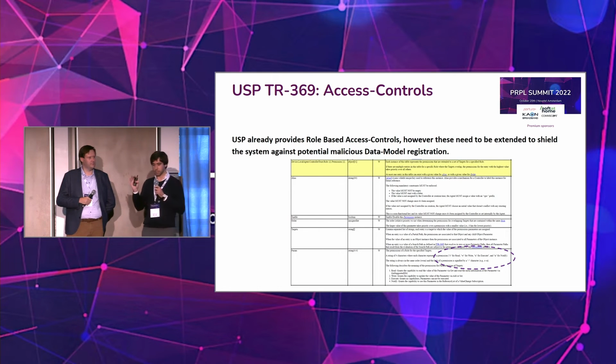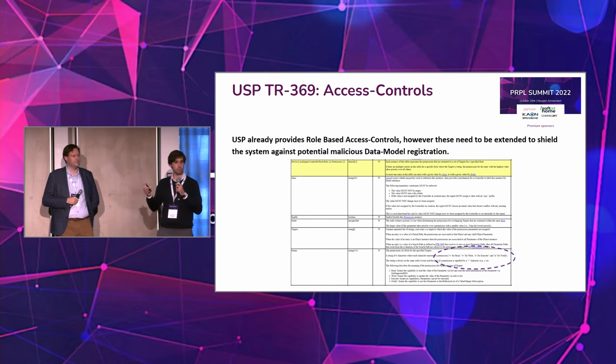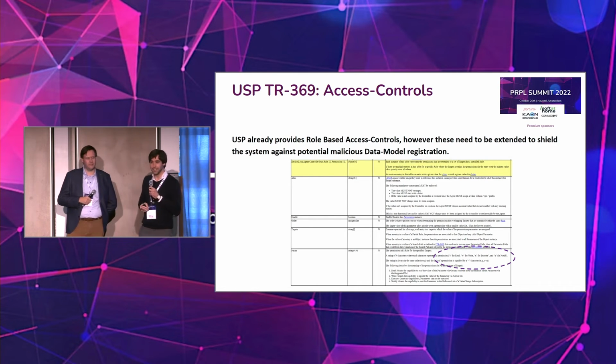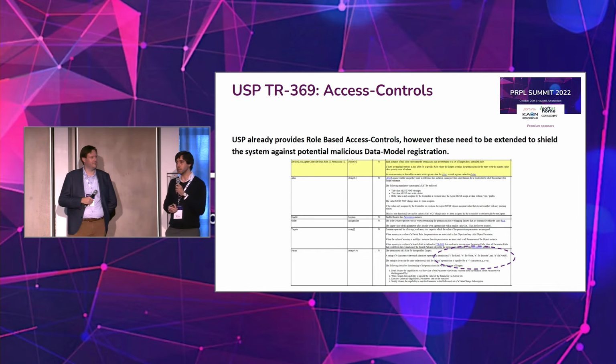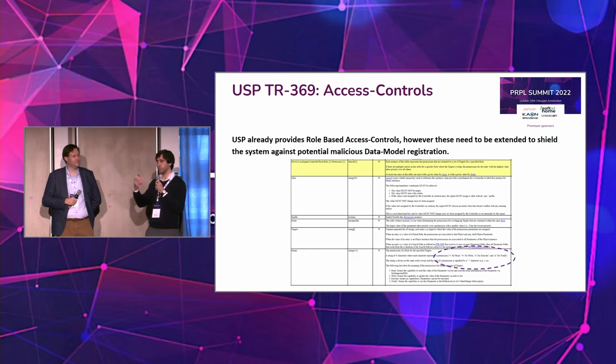On the security side of things, one of the reasons why USP was an interesting framework is that it already supports access controls, role-based access controls. Thank you very much for this. That means you can limit how much these applications can access. But we need to do the same for an application offering its data models.